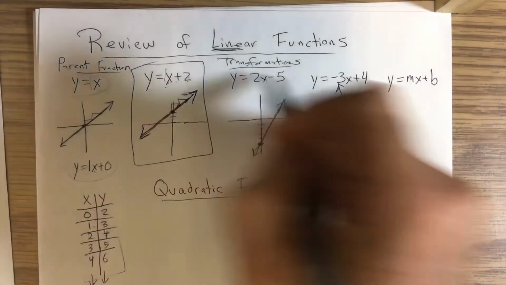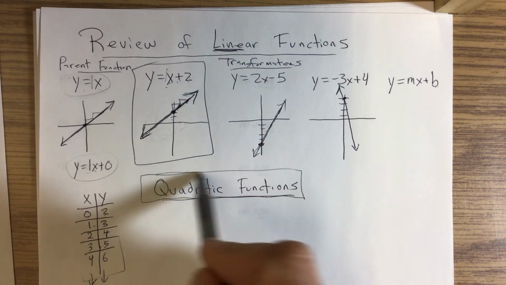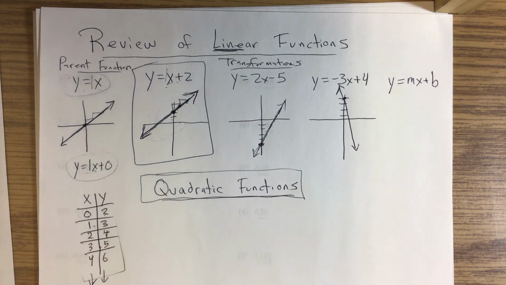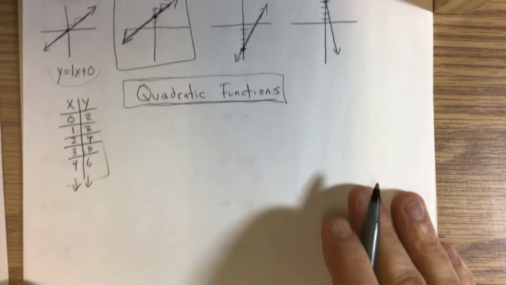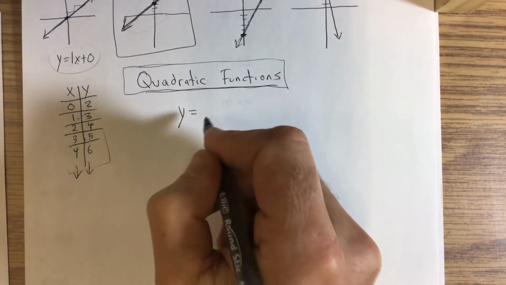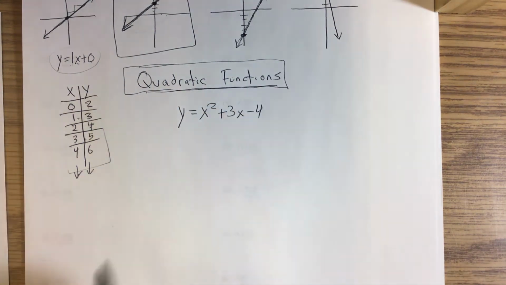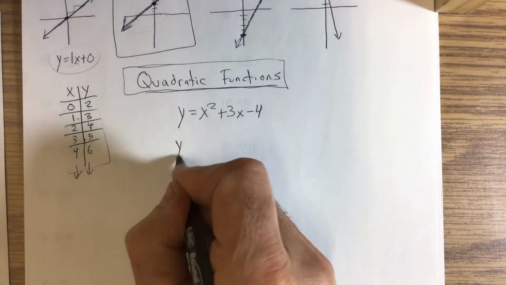So I want to take all these concepts you learned in Algebra 1, and apply them to a new type of function for you called quadratic functions. And just to give you a little sneak preview, we'll get to all of this. That's a quadratic function.